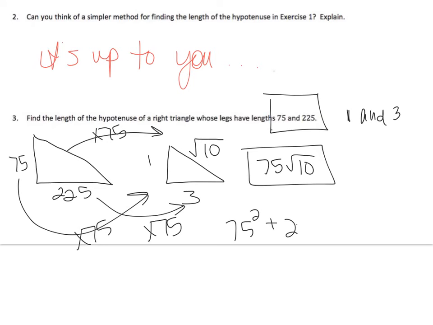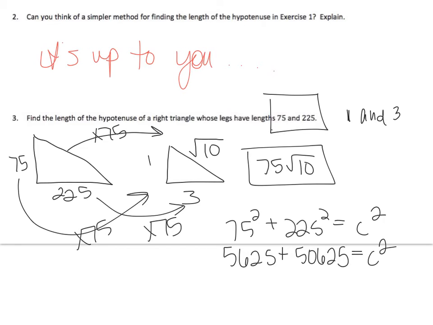75 squared plus 225 squared equals C squared. 5625, 50625, add those two together, 56,250. So square root of both sides, square root of 56,250.